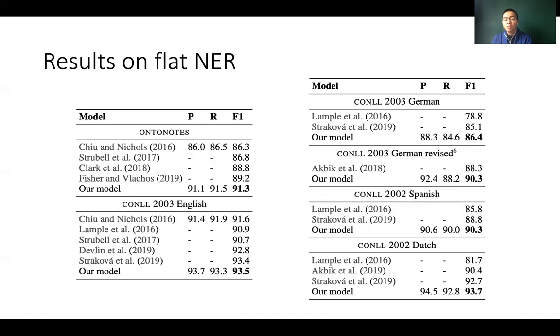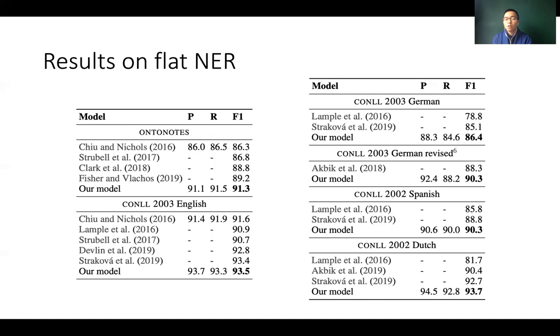And for flat NER, we evaluated on 5 different corpora, with 2 different variants for the German corpus, as evaluated by the previous work. For CoNLL shared tasks, we only have 4 labels, while for OntoNotes, we have 18 different named entity classes.